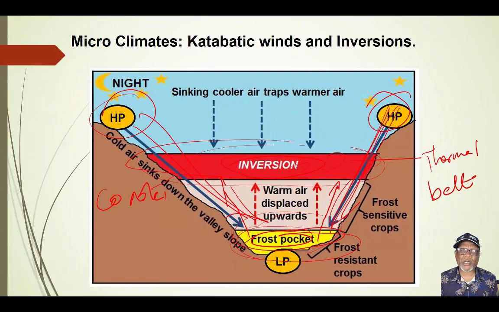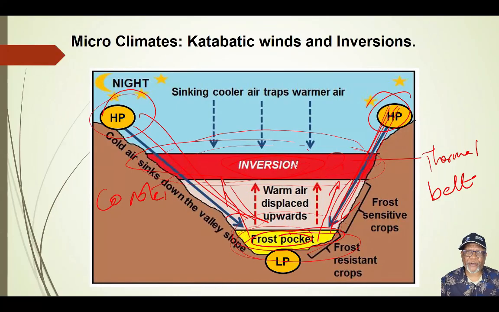Why is condensation going to take place? Because this air is warm and the surface is cooler. When there is contact between warm air and a colder surface, condensation is going to take place. When condensation takes place in the valley, what are we going to get? We are going to get what we call radiation fog.